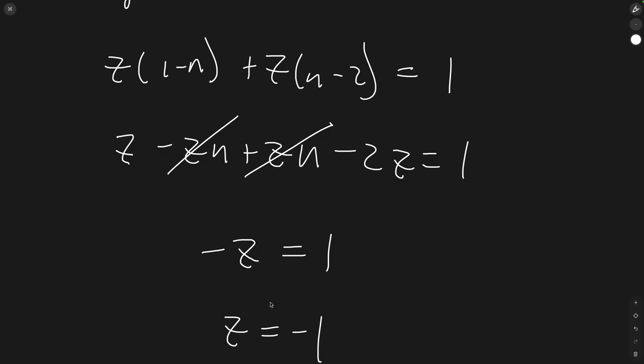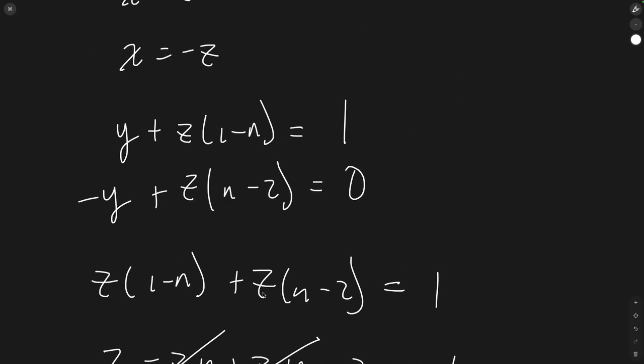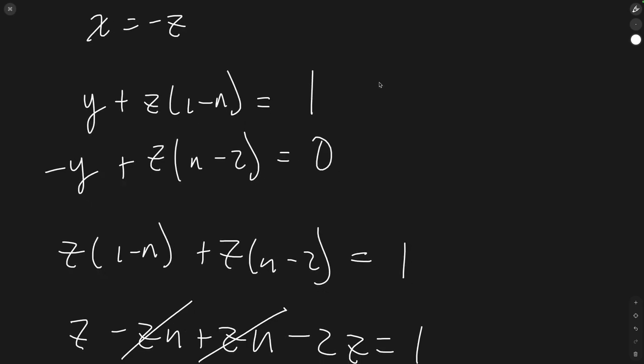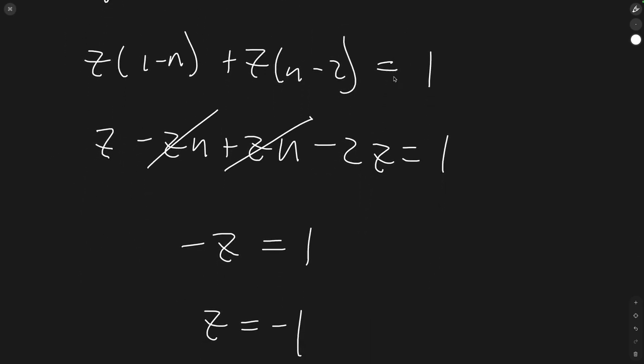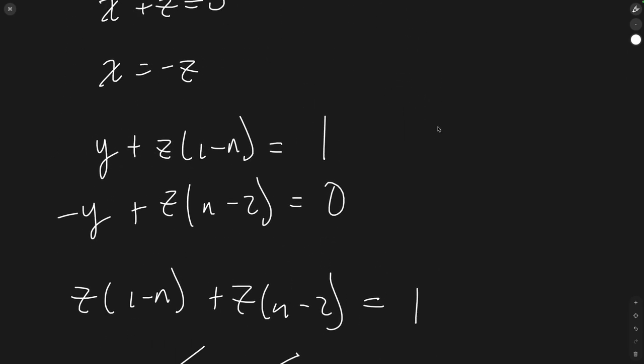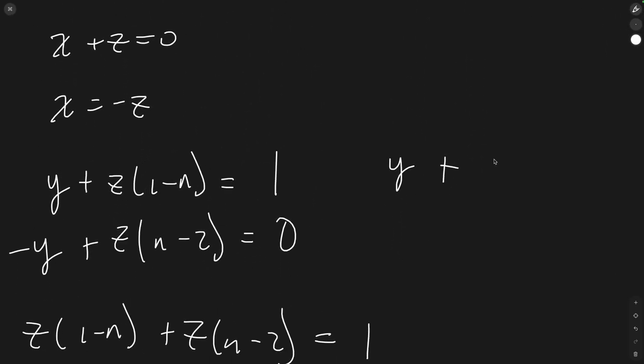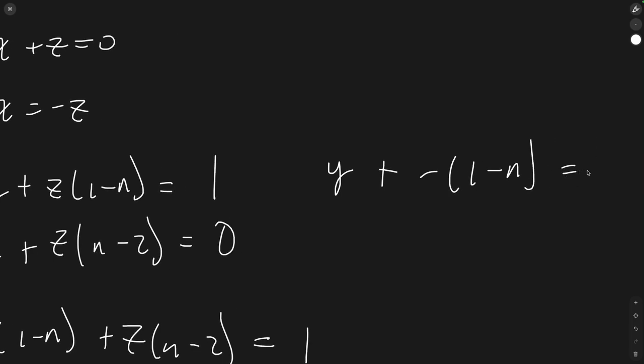All right. But what is y? Yeah, y is slightly different now, right? So z is negative 1. y plus negative 1 times 1 minus n equals 1.